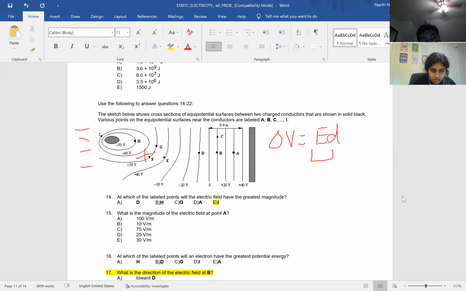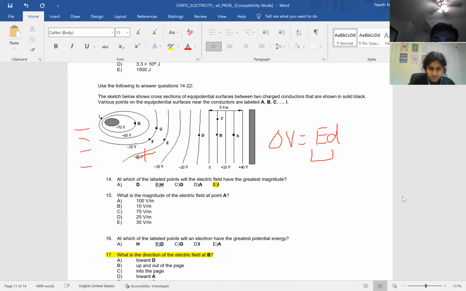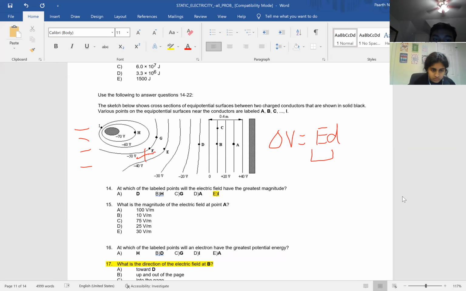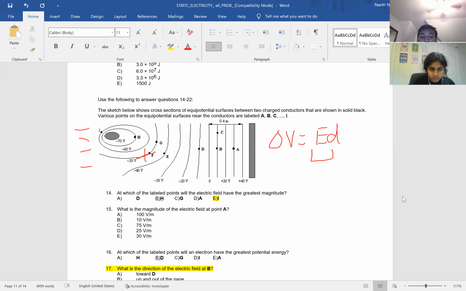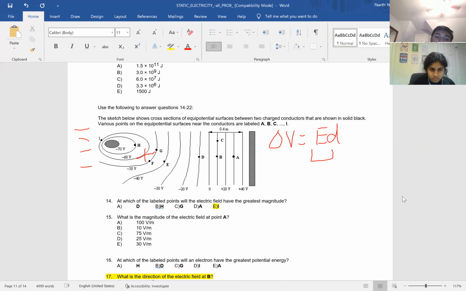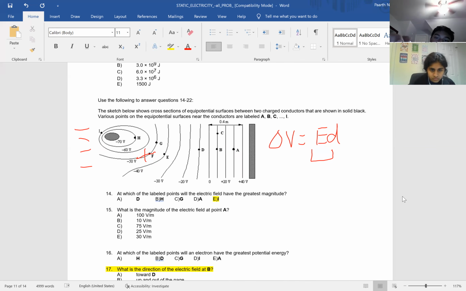Or would it move away from E? It would move away from E. Which one for 17, right? Yeah, I think it would move away from E. The reason it would move away from E is because the positive charge is going to be attracted to that negative side of the uniform field. Because remember, opposite charges attract.